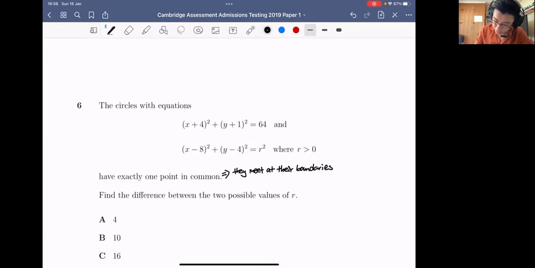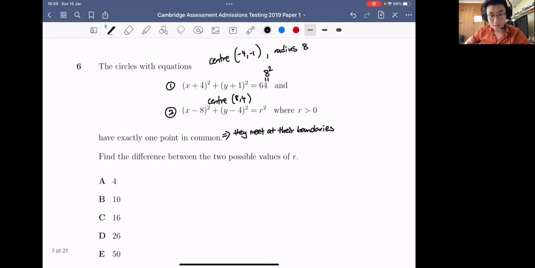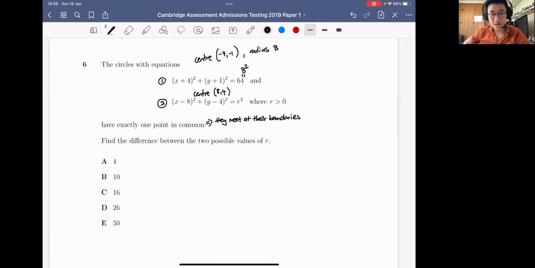So this circle, the first one, has center -4, -1, radius 8. So remember, it's not 64, it's 8 squared. And this one has center 8, 4. Okay. Find the difference between two possible values of r.